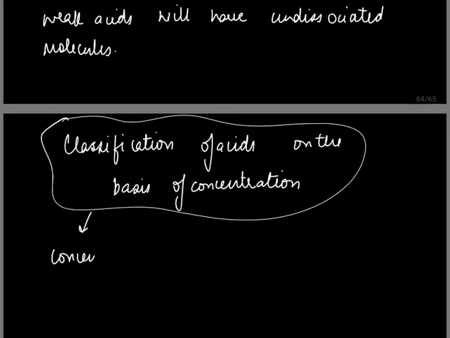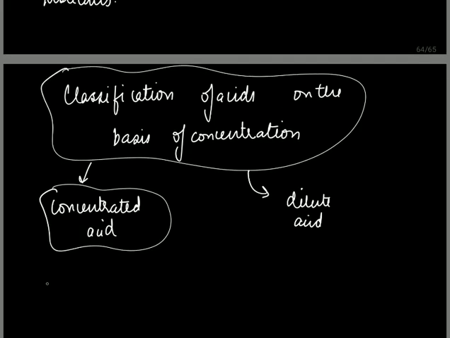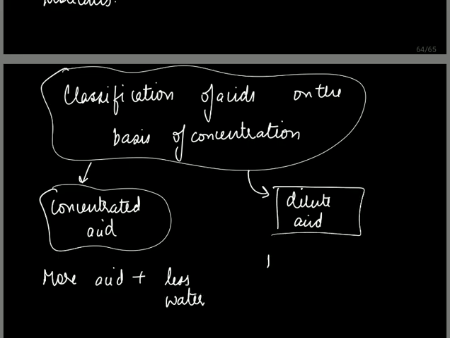We have concentrated acid and dilute acid. Concentrated, we can always say, is more acid plus less water. Dilute will have less acid and more water. So you can write it as a statement if it's required, otherwise that will be easy for memorization.